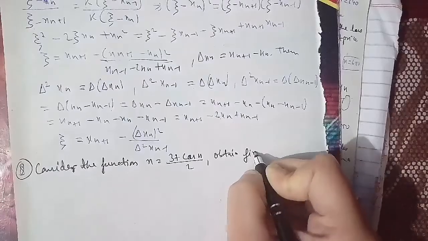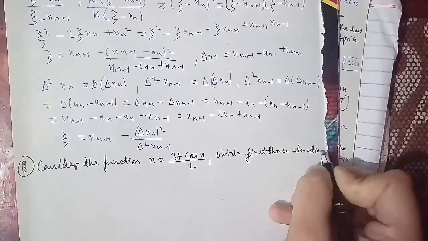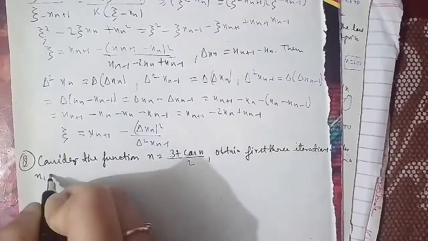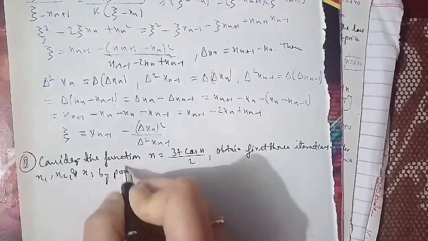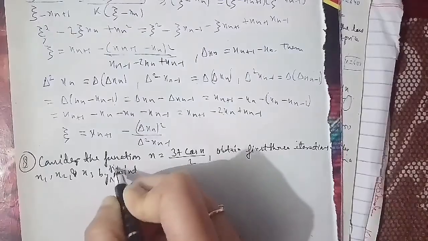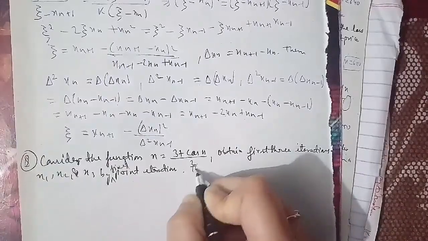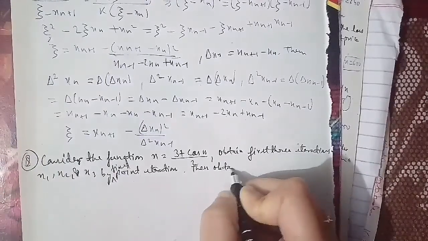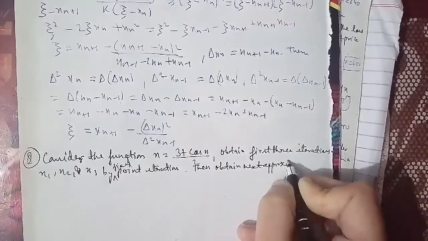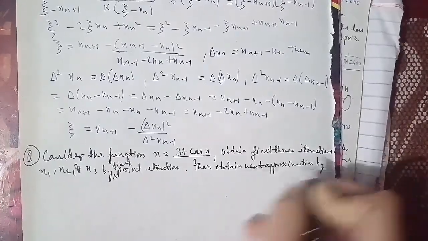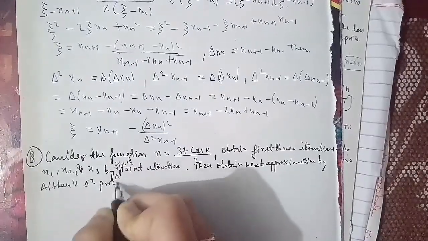Obtain the first three iterations x1, x2 and x3 by fixed point iteration, then obtain the next approximation by Aitken's delta square process.